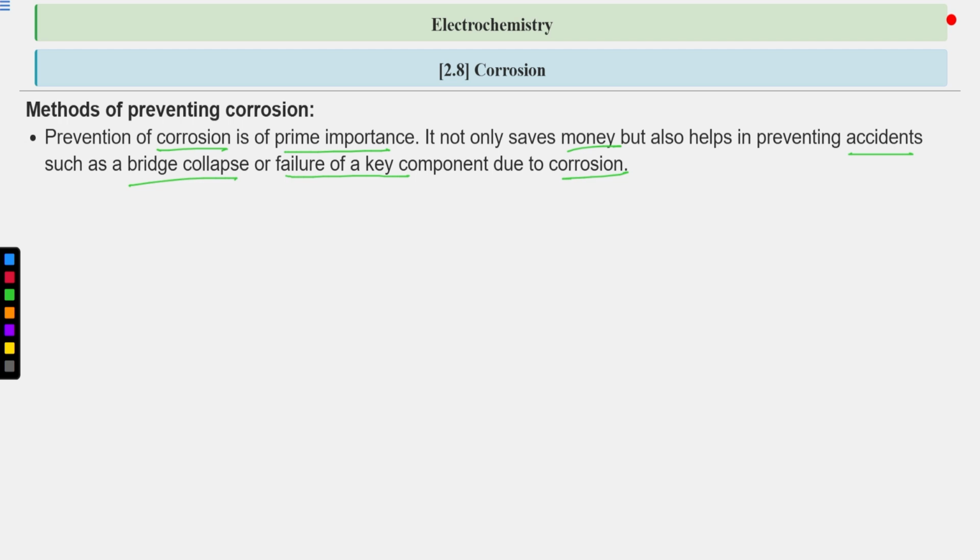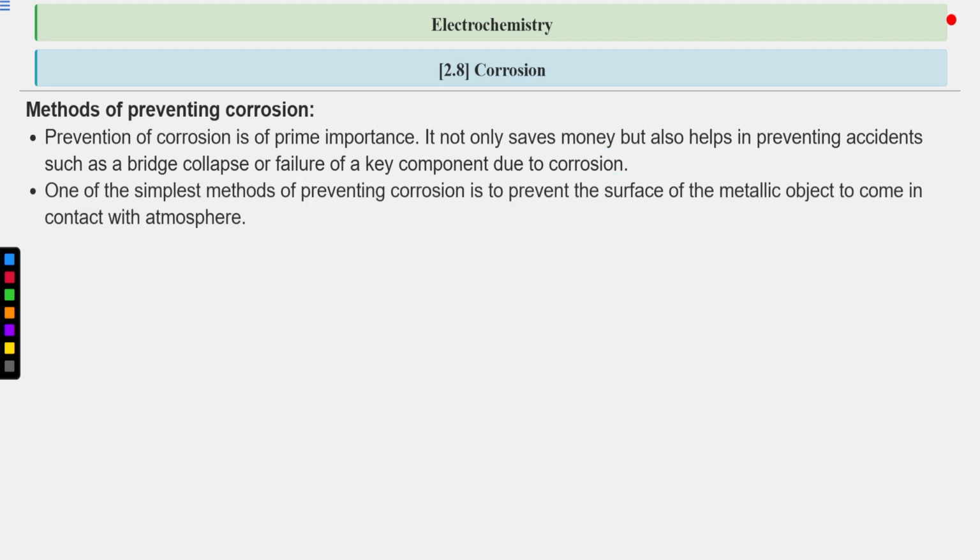So the major issues it can cause are bridge collapse or failure of key components which are made up of metals, and which corrode with time. So how can you prevent all these?